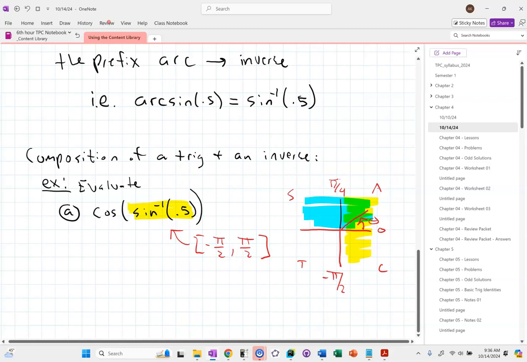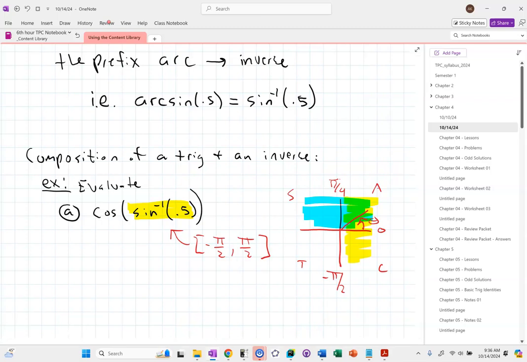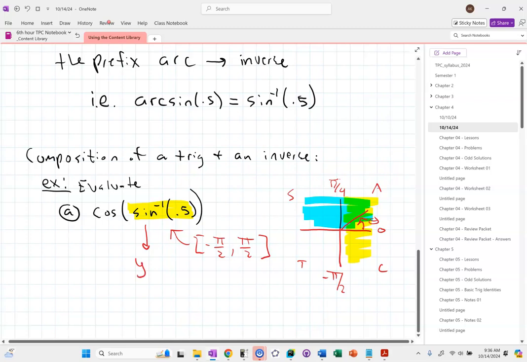So, do you recognize 0.5 as a unit circle value? It's the same as 1/2. So I'm going to go to my unit circle. I'm going to look in quadrant 1 for where sine, or the y coordinate, is 1/2.